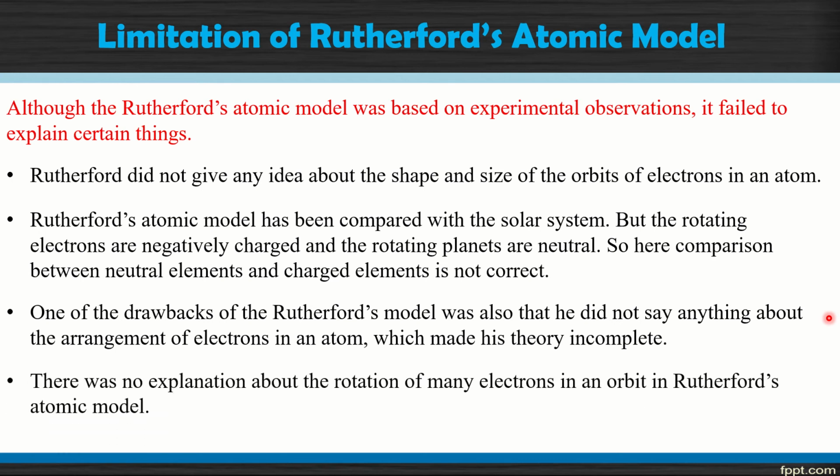There was no explanation about the rotation of many electrons in an orbit in Rutherford's atomic model. Rutherford told that electrons revolve around the nucleus, but it is possible for only one electron. But if an atom has many electrons, then how do these electrons revolve? Rutherford did not tell this.